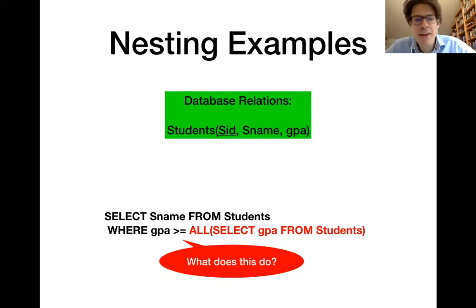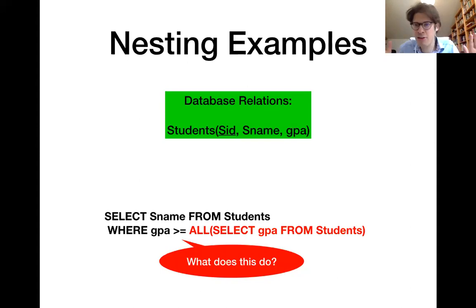So you can imagine that here we are iterating over the students that are stored in a student table. We are picking one, then we check whether that student's GPA is greater or equal to the list of all GPAs from all students. If that is the case, I'm going to include it in the result. If that is not the case, I'm not going to include it in the query result.